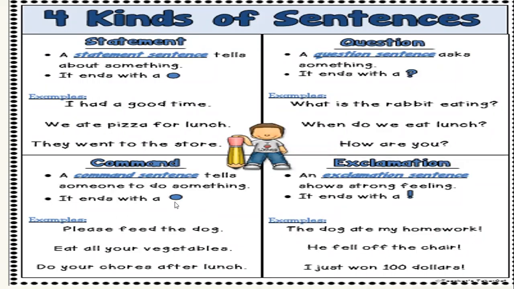Our friend Dot comes with two types of sentences: the declarative sentence and the command or imperative sentence. Our friend question mark comes with a question, so easy. And our friend exclamation mark comes with the exclamatory sentence.